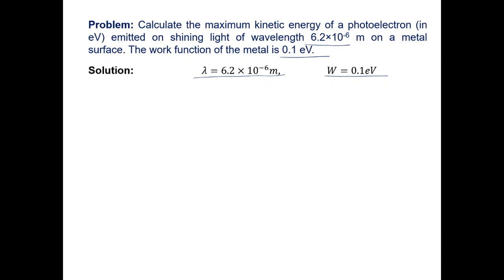We have to find the energy of the ejected electrons, and you all know that energy of the ejected electrons is h nu, or in this case hc by lambda. This is for the incident photon minus the work function, which is 0.1 electron volts.